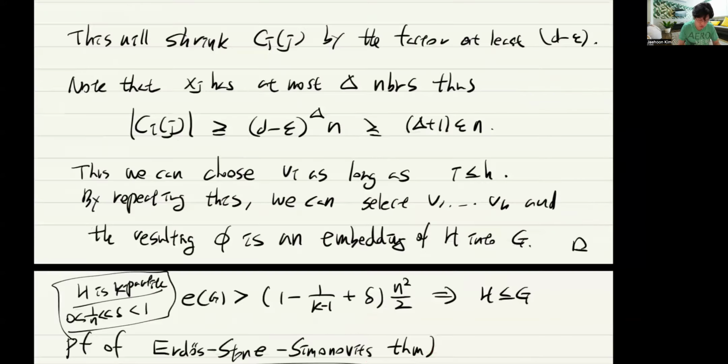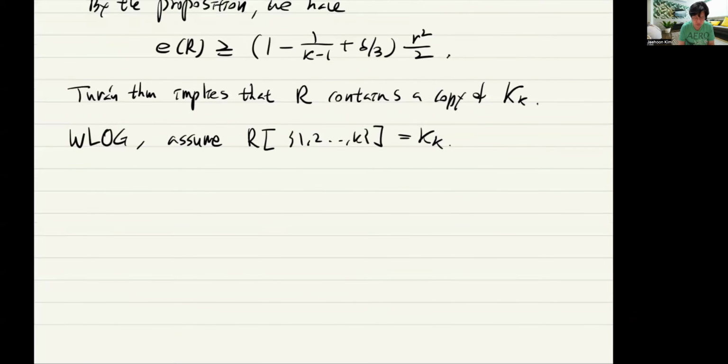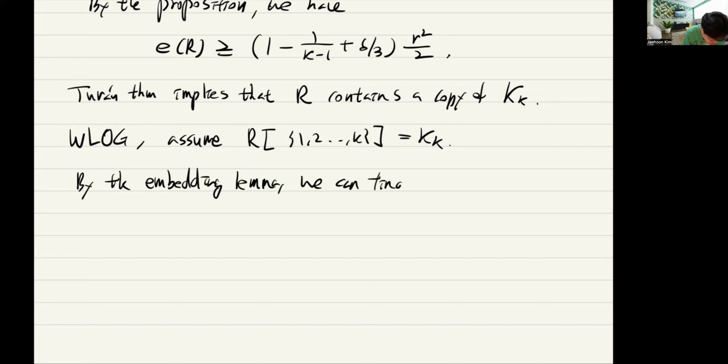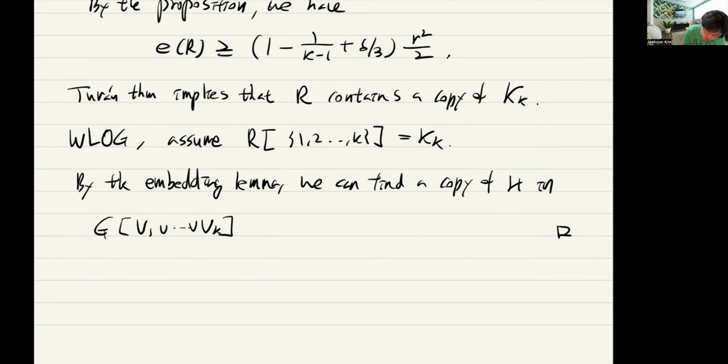In this Erdős-Stone-Simonovits theorem, we assume n is large and k is fixed, so that each Vi size is much more than vi. So by using the embedding lemma, we can find a copy of H in G, specifically inside these parts B1 to Bk.